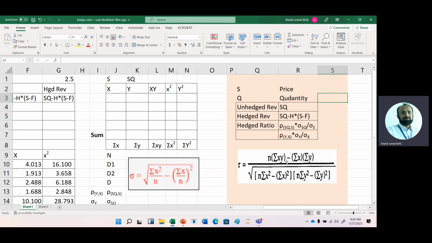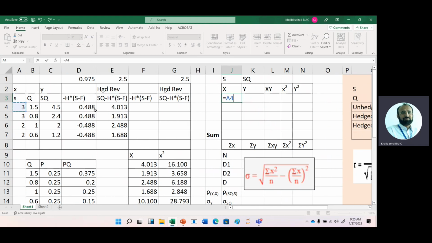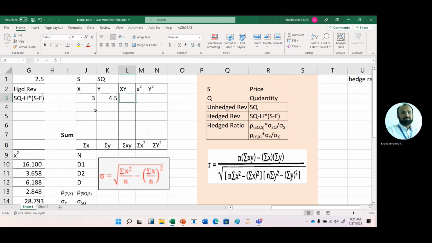So to get correlation, we use this formula because we are doing the calculation manually. First we will take the X value, which means prices, and then we will take revenue, that is S and Q, which is represented by Y. Because in correlation we need three columns, X, Y, then X square, and then Y square, and XY.